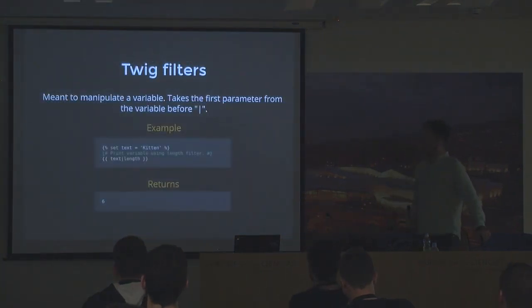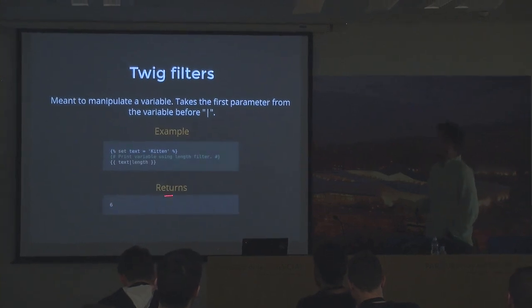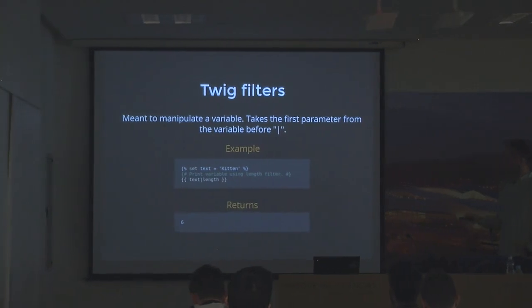Twig has this little bit unique concept of filters. They are kind of like PHP functions, but they are solely meant to manipulate a variable from one form to another. As an example, I have a length filter.